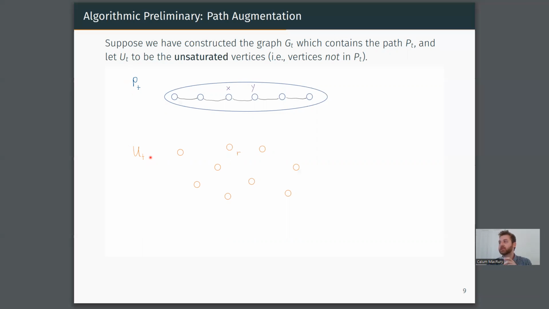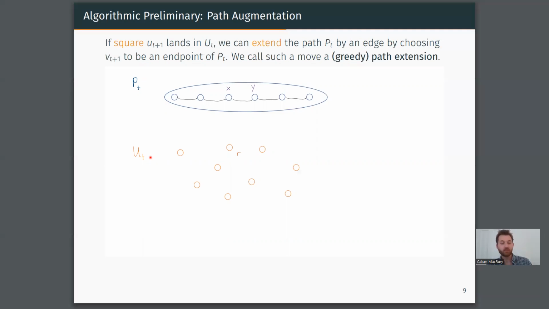Unsaturated just means that they're not included in the current path. If a square lands on the unsaturated vertices, then it's very easy to extend the size of the path by 1. We can just connect it to an endpoint of the path, and then in a single round, we've increased its length by 1. Let's call such a move a greedy path extension.